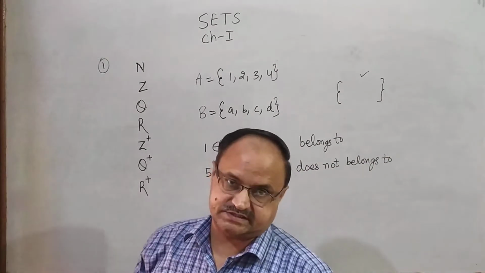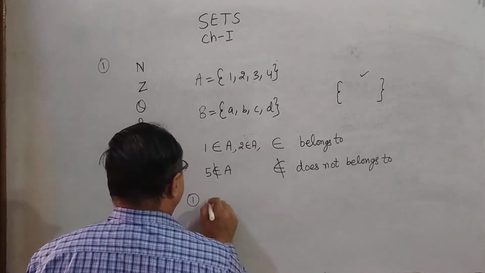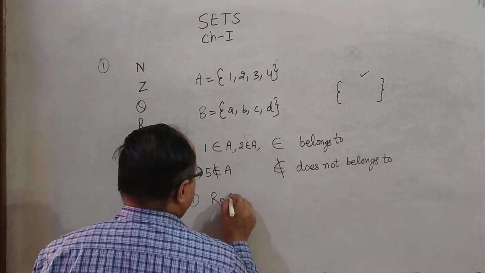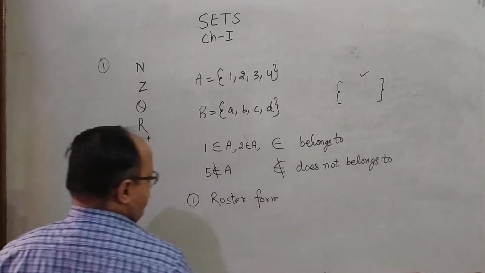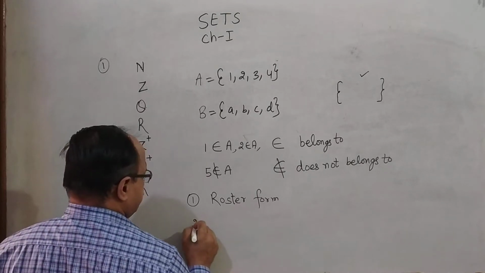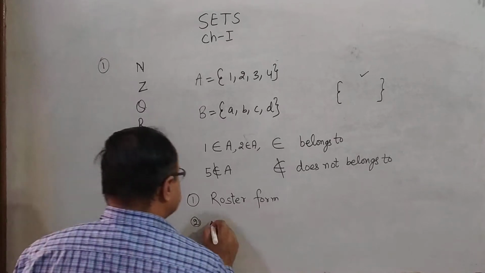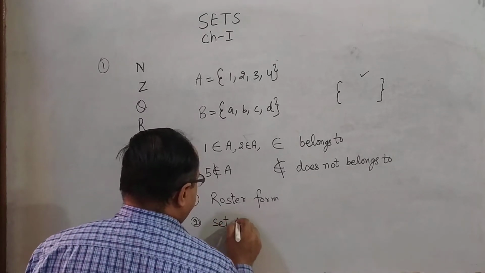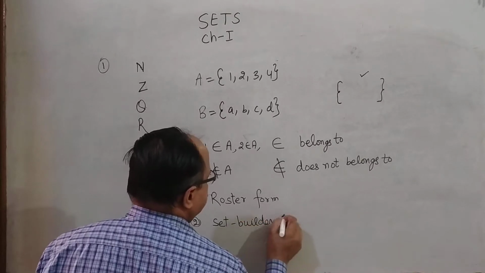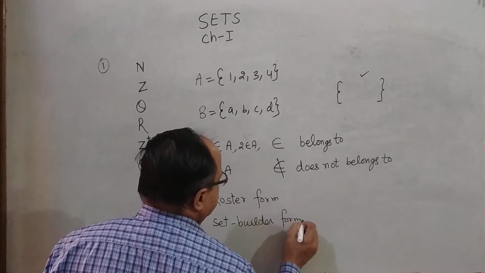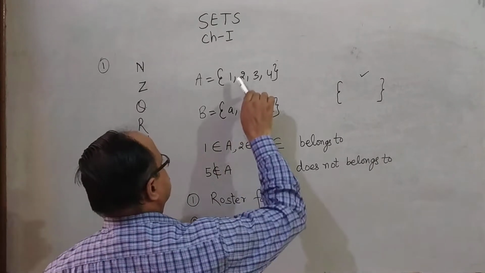There are two types of set forms. First, roster form, another name of which is tabular form, and the second is set builder form. Roster form, for example, this is the roster form.